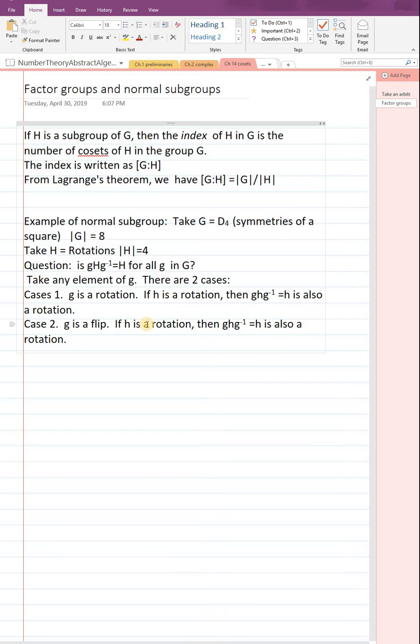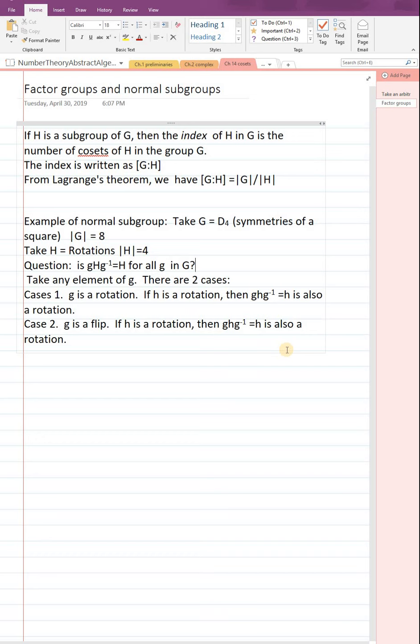Well, I would think so. Now GHG inverse. Let's think about this. Suppose my G is a flip around this axis, and H is a 90 degree rotation. G inverse would be the same flip.